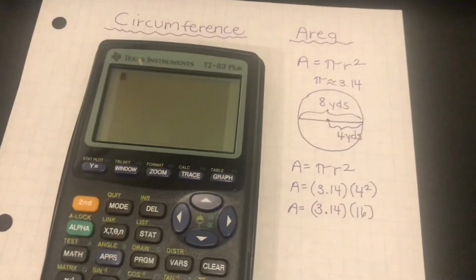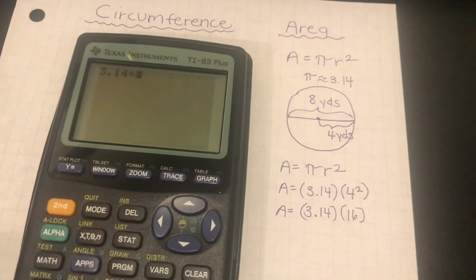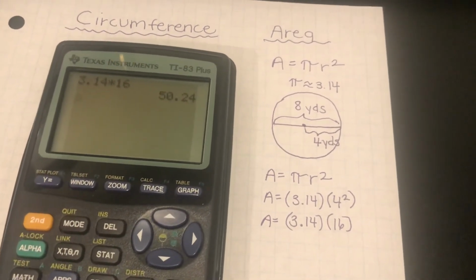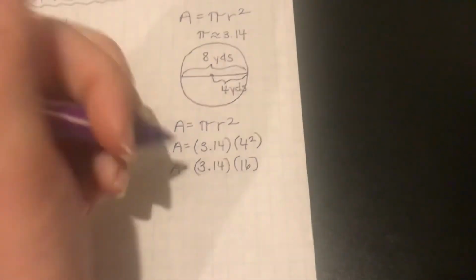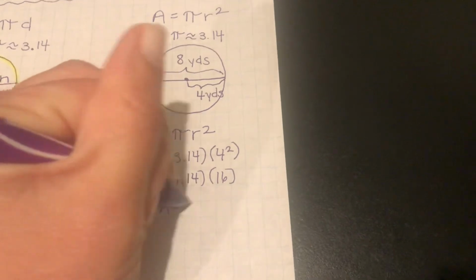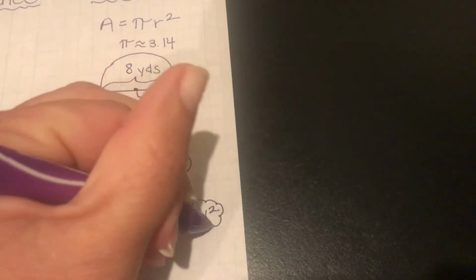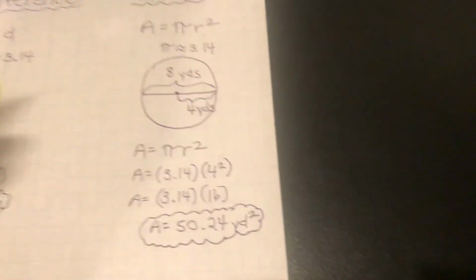So for this problem, we've got 3.14 times 16, and we get 50.24. So 50.24, my label is yards. It is squared for the exponent, and that's because we're talking about area.